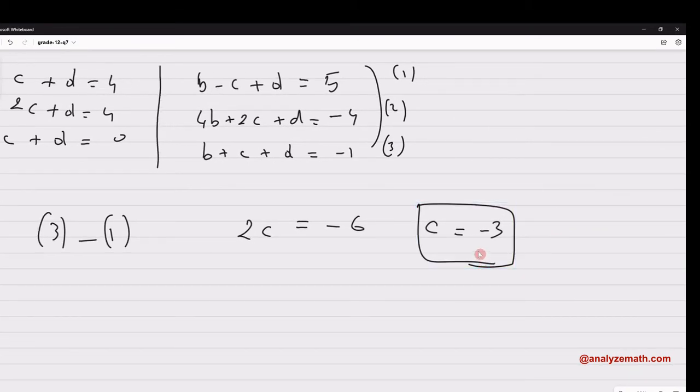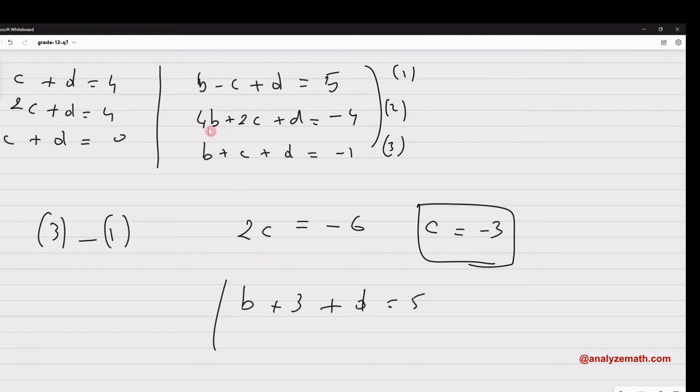Now what we do is substitute c equal to minus 3 into 1 and 2, because we have used 1 and 3, so now we need to use 1 and 2. So b minus c, that gives me plus 3. Yeah, c equal minus 3 here, that gives plus 3, plus d equal 5.